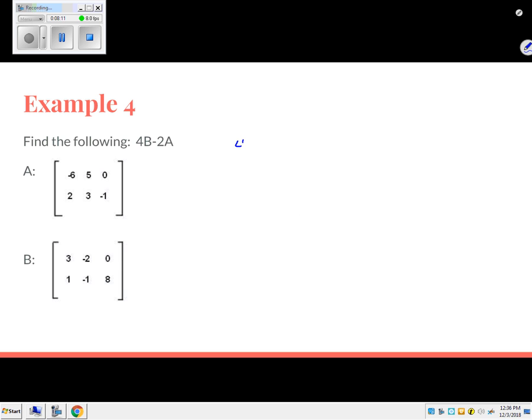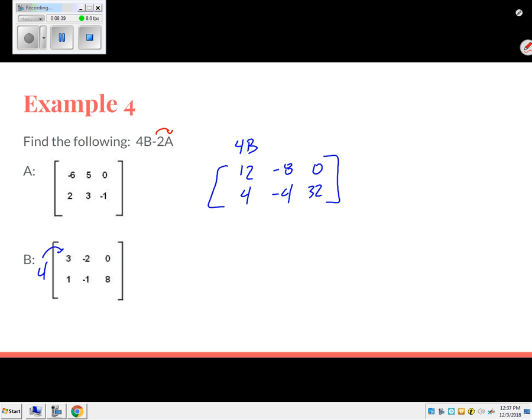Well, 4 times b is just taking this 4 and multiplying it by every term in this b. So I'm going to go ahead and write that out so I'll have those numbers in front of me. 12, -8, 0, 4, -4, and 32. Now from here, there's 2 different things that we could do. We could actually distribute a -2 through the a.